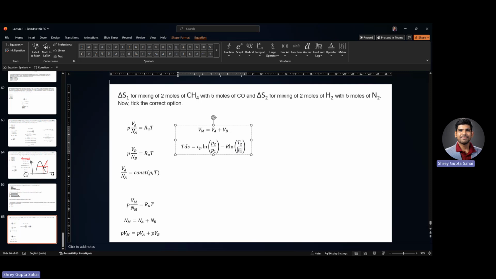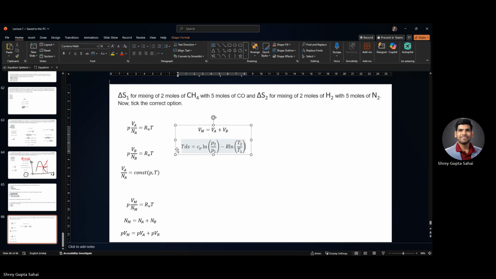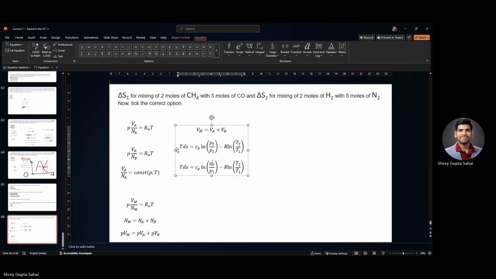When you mix a gas, or I can also use this, isn't it? Okay, there is another catch here because this is R. There is a catch here.